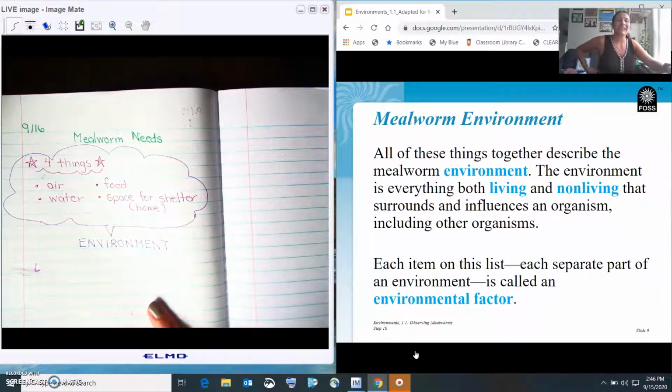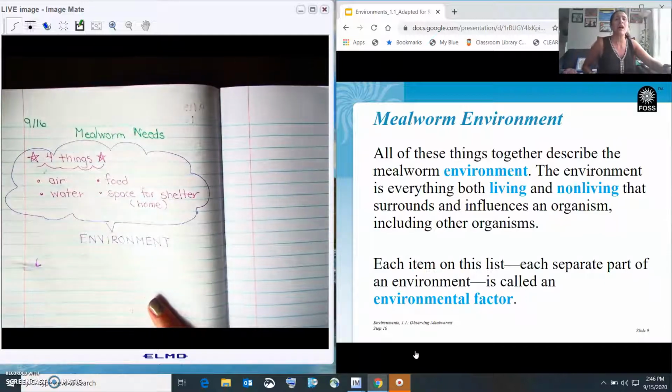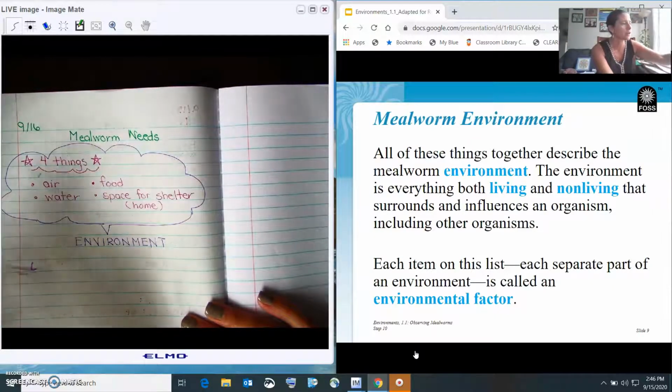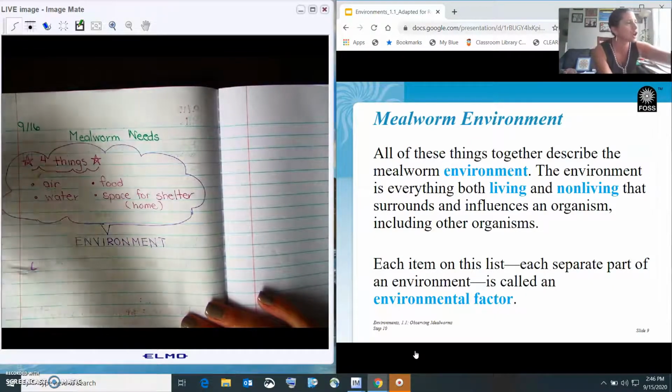The environment is living and non-living things that surround an organism. So not just the things that are alive, we need to think about the things that are non-living.